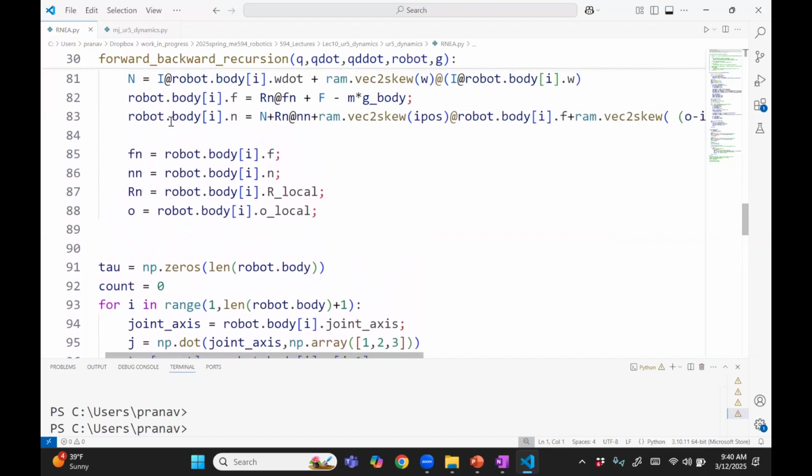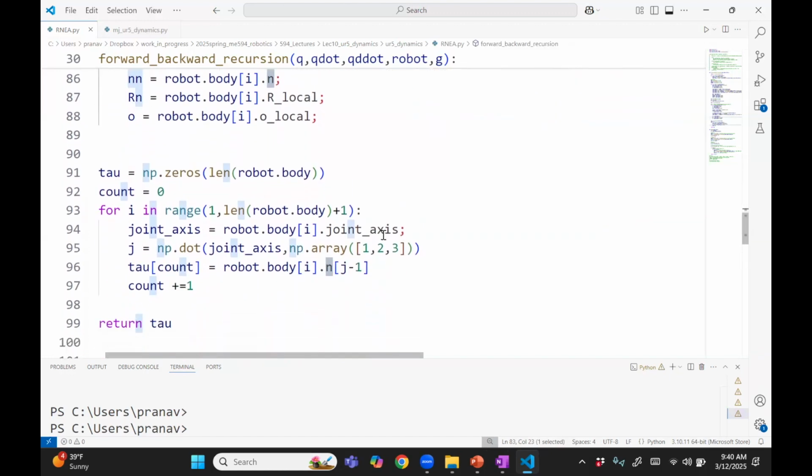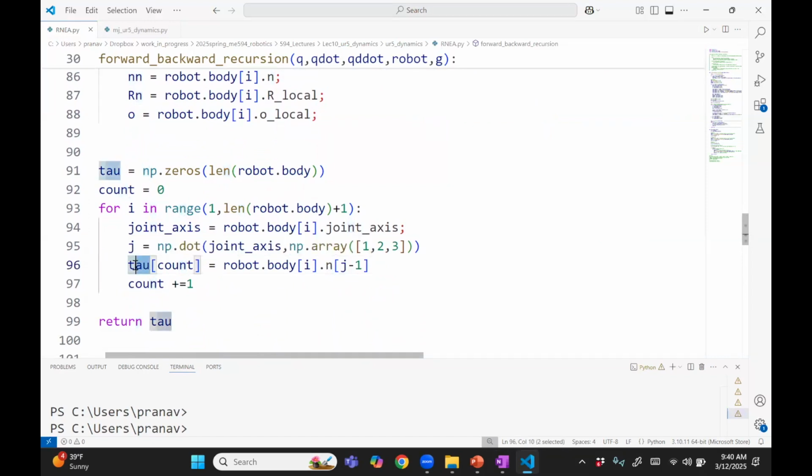The torques are written in this variable called n, and I just pluck out the torques by looking at the joint axis. Wherever the joint axes are, that is the torque I need to figure out, because remember that the axis defines the direction along which this manipulator will rotate, and that's where the torque is going to sit. So that's just that function which does forward backward.